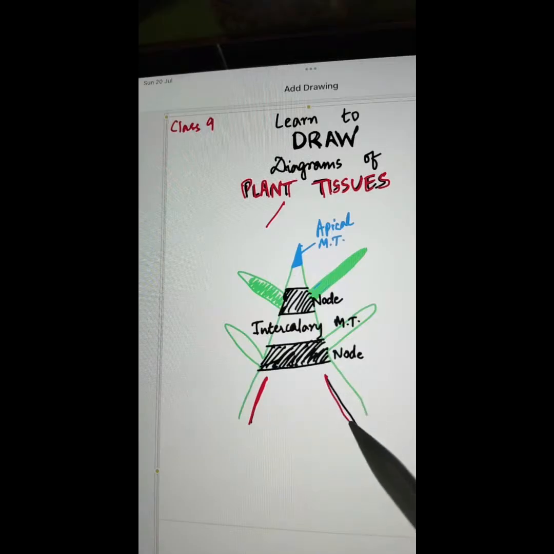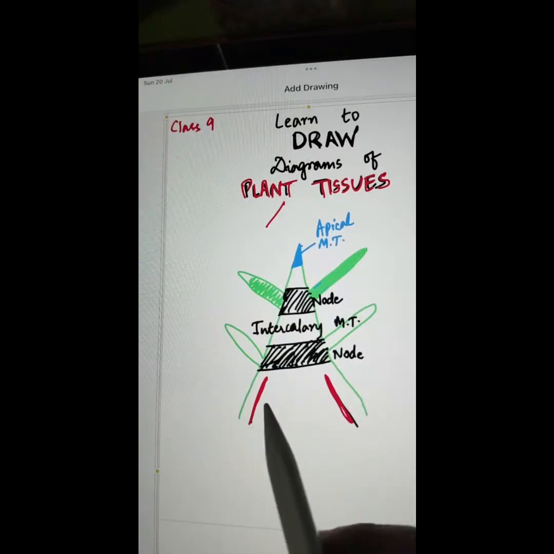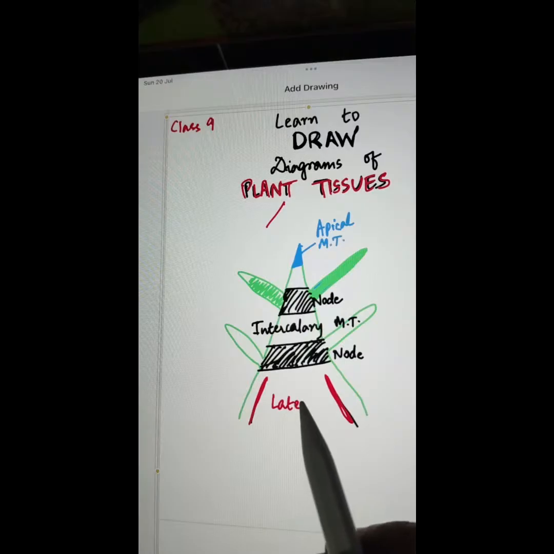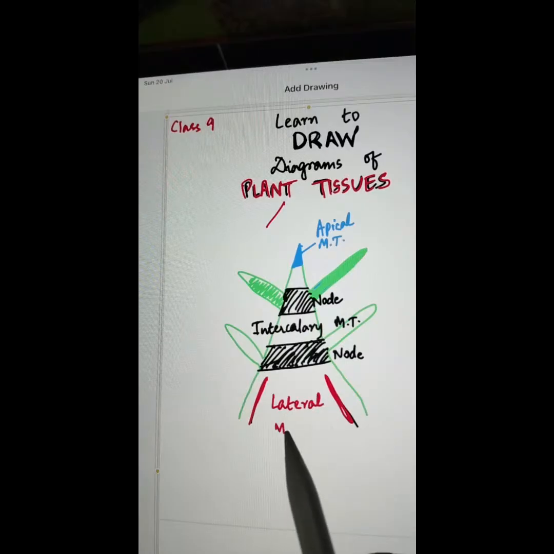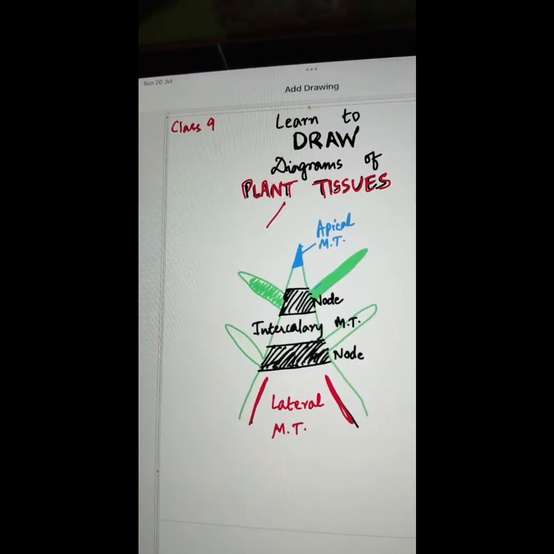The place where I am marking it right now, this is lateral meristematic tissue. So apical is present at the apex, intercalary is present at the base of the node, and lateral is present along the lateral line.